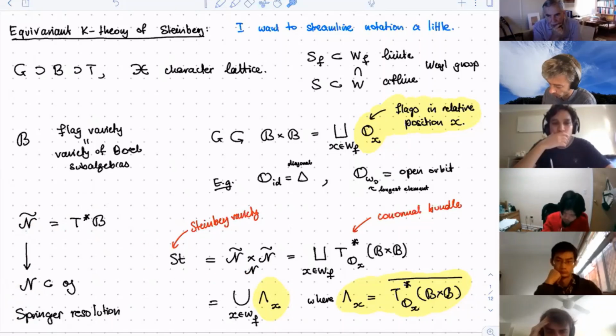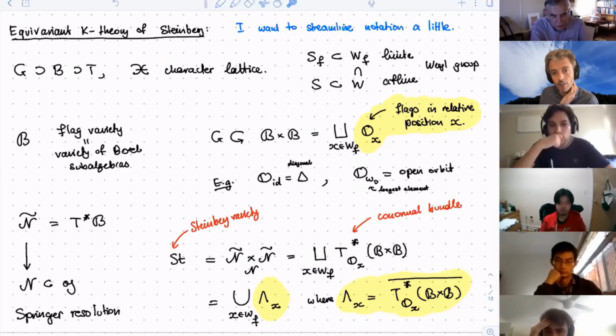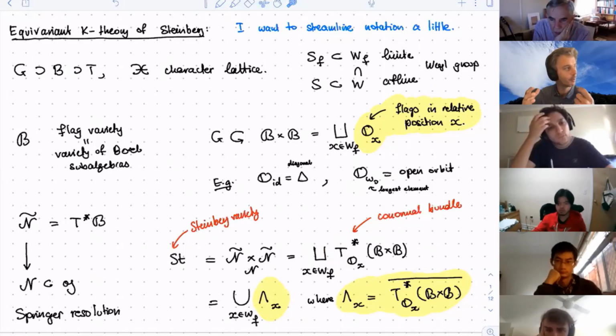And in previous lectures, we've seen that this is the conormal space for the G action on flags times flags. So that means I take the union of the conormal bundles to all the orbits. That's what's written here, the disjoint union. And when I was discussing the conormal space, I pointed out this lovely feature that in a stratification, you're given the impression that smaller strata are less important than larger strata.